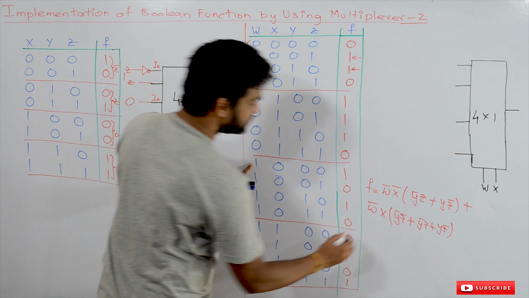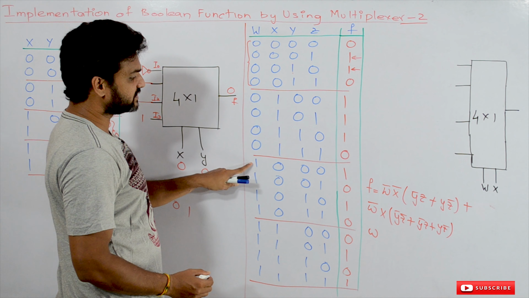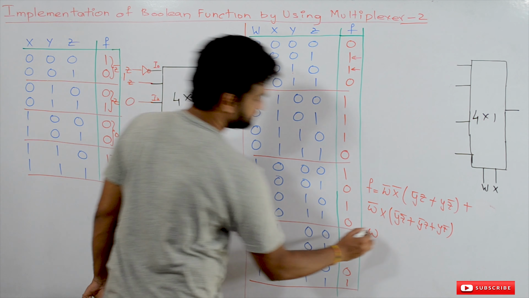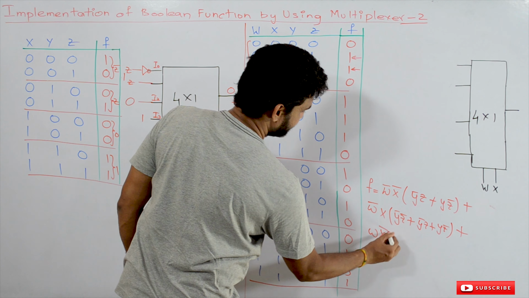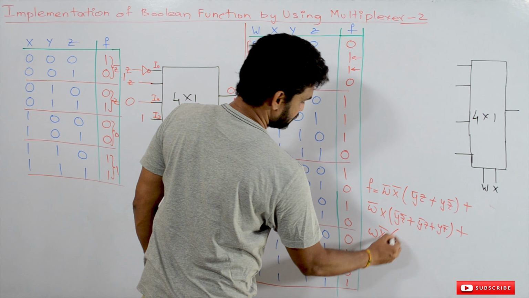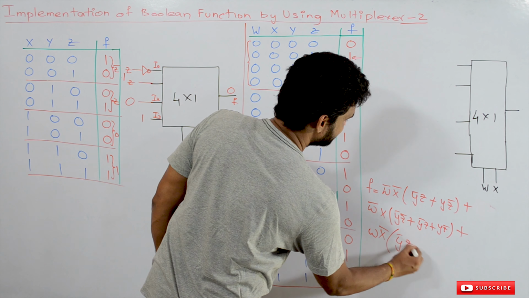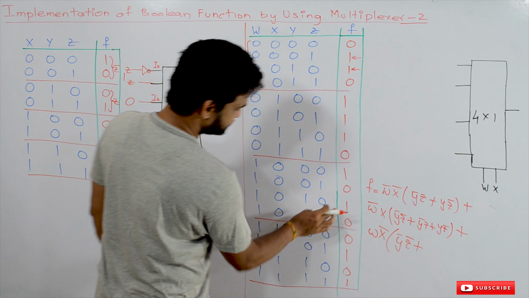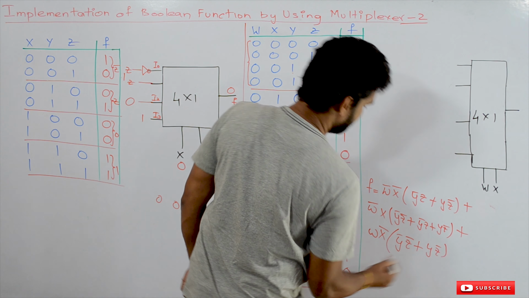And whenever the value of WX is 1 0, which means W X bar, 1 0, where we are getting the values, it is Y bar Z bar plus Y Z bar.